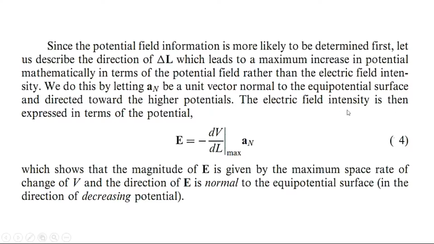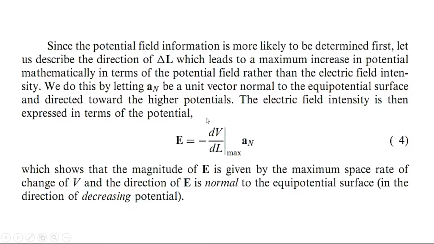So the electric field intensity is then expressed in terms of the electric potential. E will be equal to minus dV by dl maximum into AN. So it means that this electric field intensity has the normal direction. It means that the electric field intensity is normal to the equipotential surface, which shows that the magnitude of E is given by the maximum space rate of change of V, and the direction of E is normal to the equipotential surface.